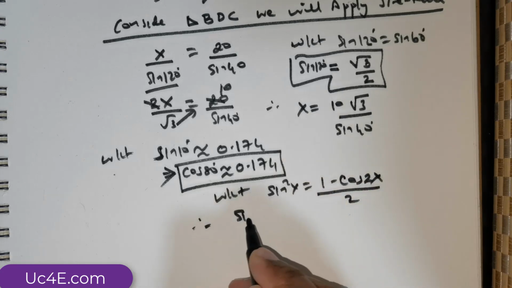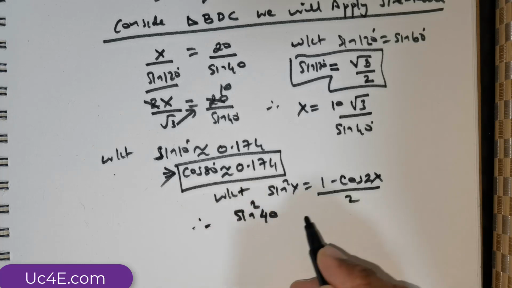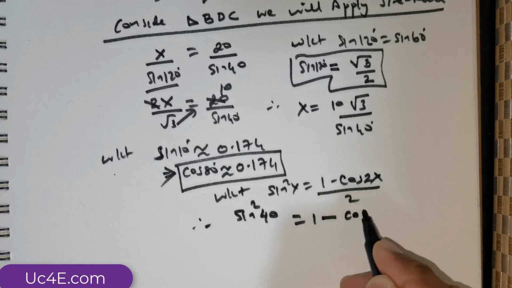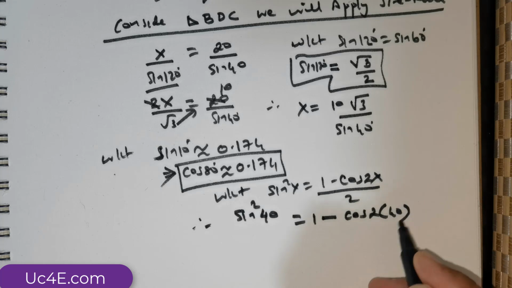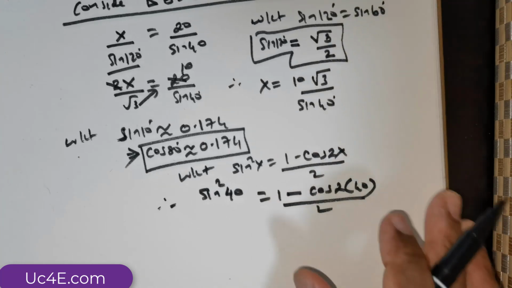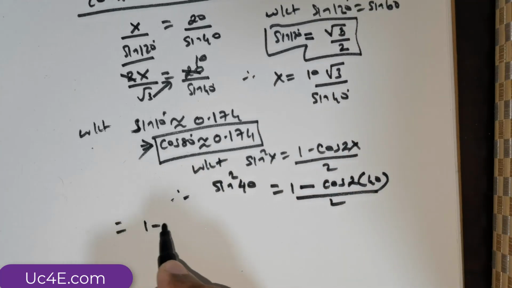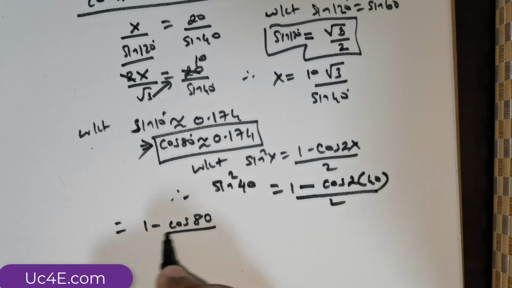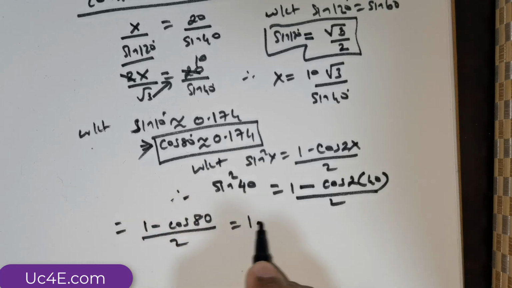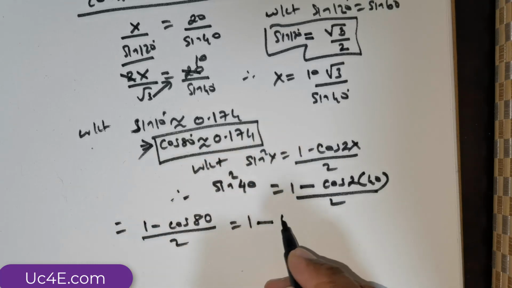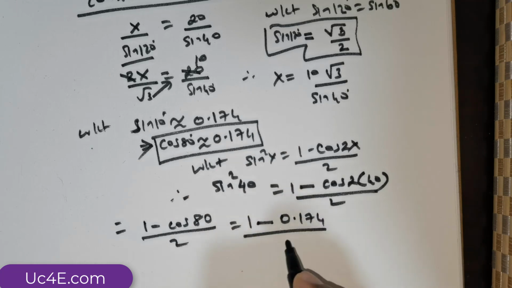Therefore sine squared 40 is equal to 1 minus cos of 2 times 40 divided by 2, which is equal to 1 minus cos 80 divided by 2, which is equal to 1 minus 0.174 divided by 2.